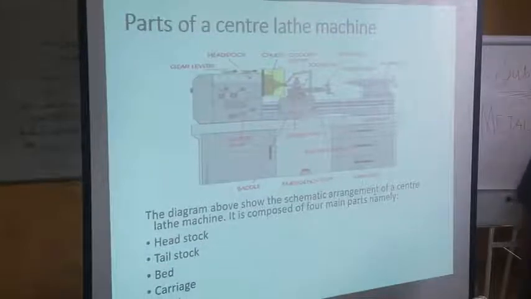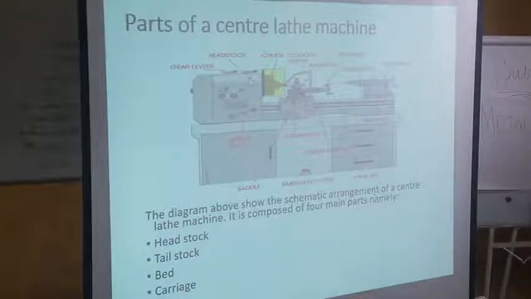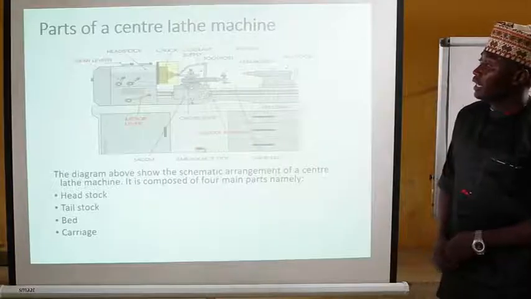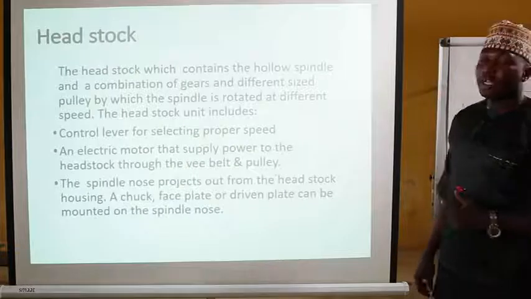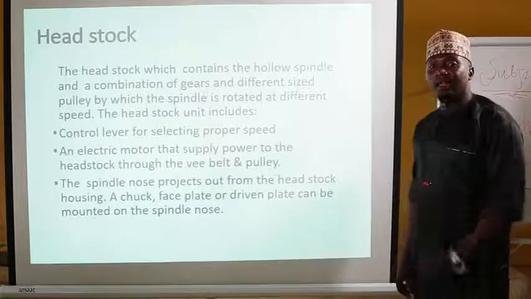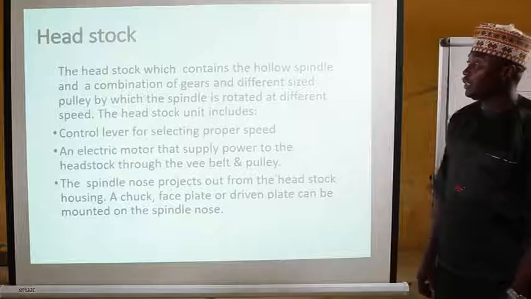They are the headstock, we have the tailstock, we have the bed, and of course, we have the carriage. Now, looking at the diagram, the headstock is located at the left-hand side of the lathe machine.